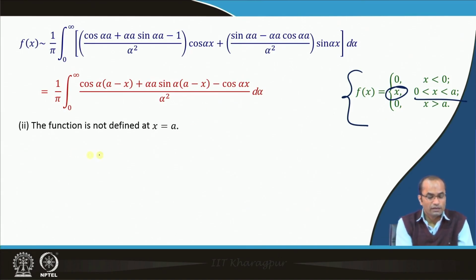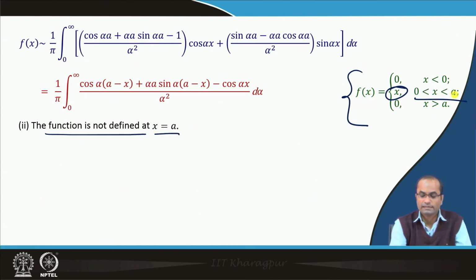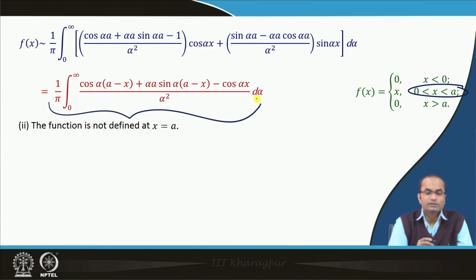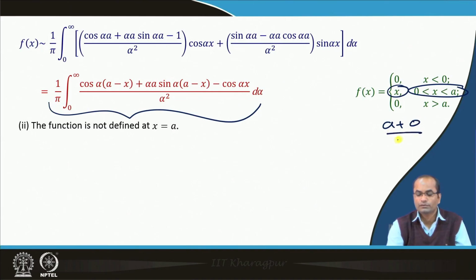So, we are precisely getting now the function, which is not defined here at x equal to a. So, we should note that the function is not defined at x equal to a. However, when the question is about the convergence of this Fourier integral, then that will converge to the average value of the limits. So, at a we can take the average value, and that is, from the left side the limit is a, and on the right side it is 0, divided by 2.